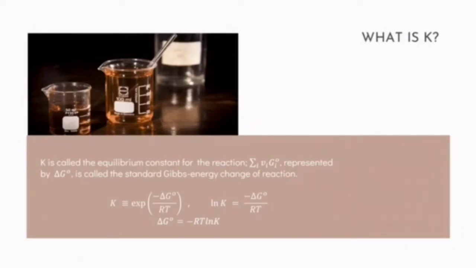So the equation used for this part is K is identically equal to exp of negative delta G0 over RT. Then when modified, it becomes ln K equals negative delta G0 over RT. And then for the next question we use delta G0 equals negative RT ln K.